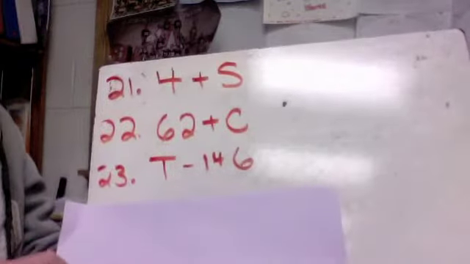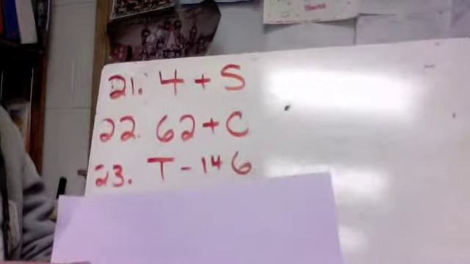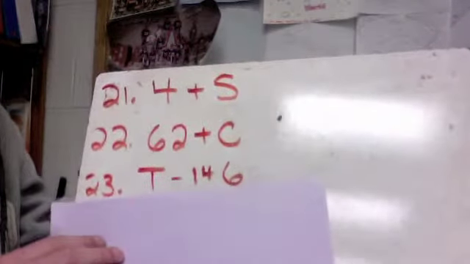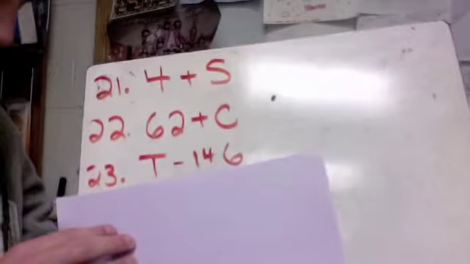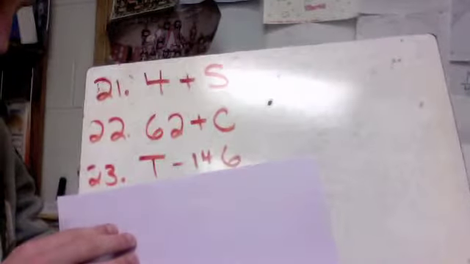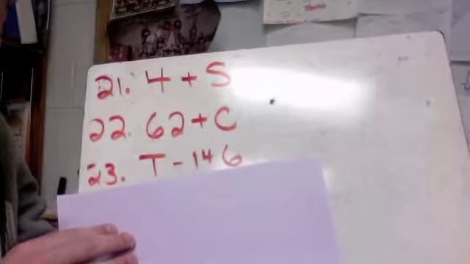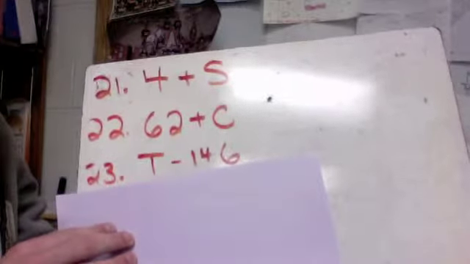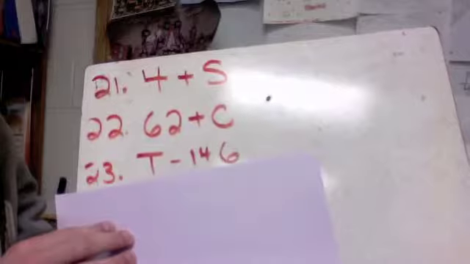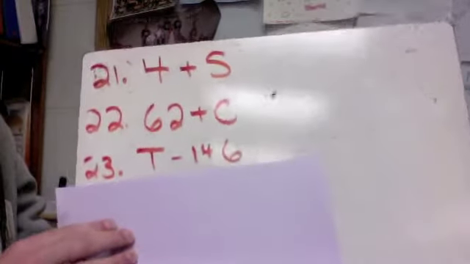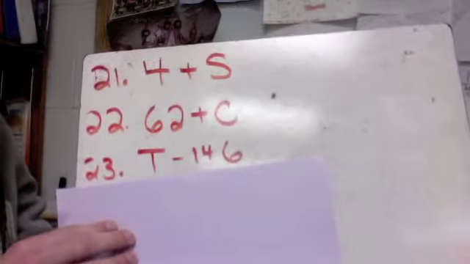For number 23, it's one of those ones that ends up being subtraction that you really have to watch what order it's in for it to make sense here. It says that the temperature at the North Pole was 146 degrees cooler than Quito, Ecuador. Okay, so we know that the North Pole was cooler, Quito, Ecuador was warmer.